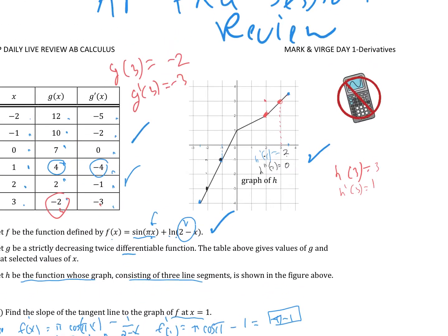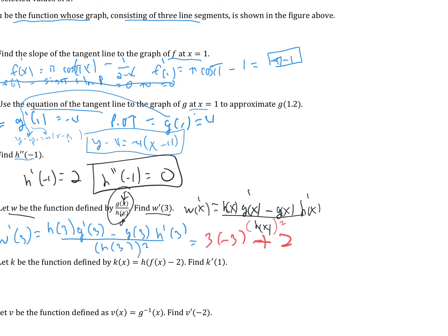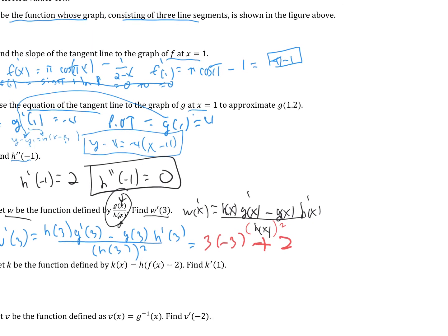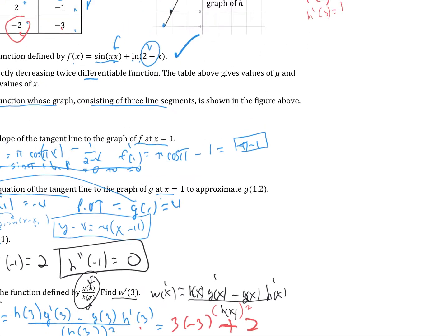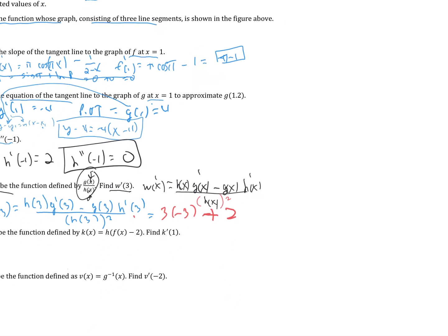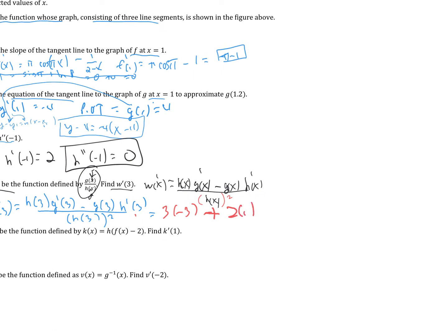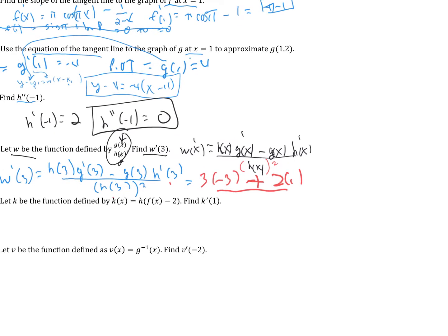Oops, which one did I want? g or g prime? I wanted g. That was a negative 2. So minus minus. And then h prime of 3, back to the graph. h prime of 3 I did was a 1. So that's 2 times a 1, all divided by h of 3, and I'm going to square it.